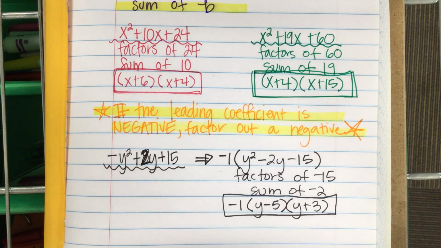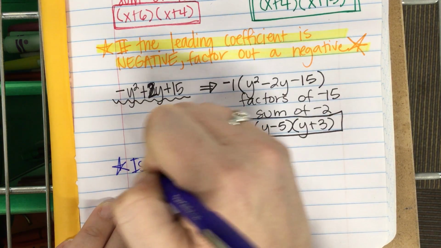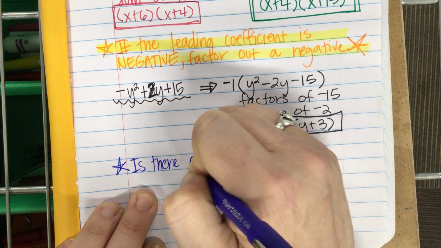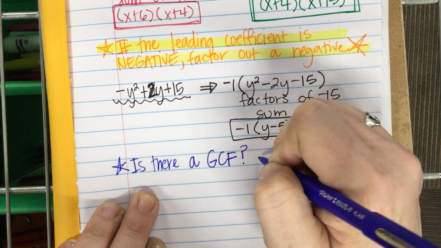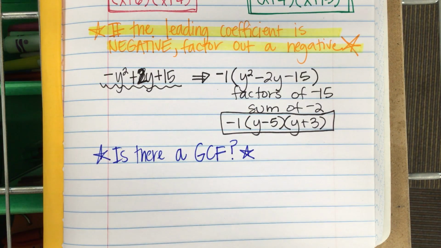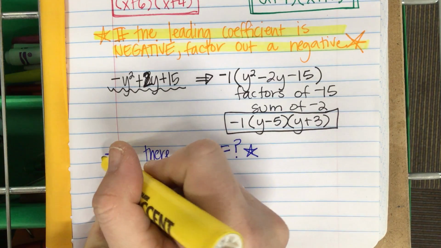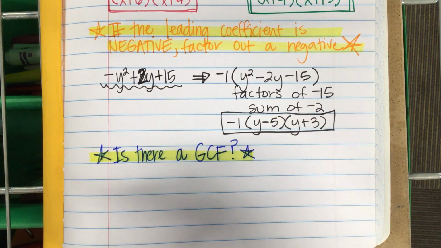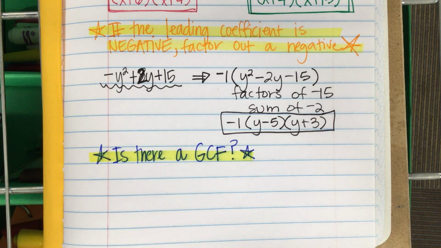Last but not least, you also need to see, is there a GCF? Is there a greatest common factor?